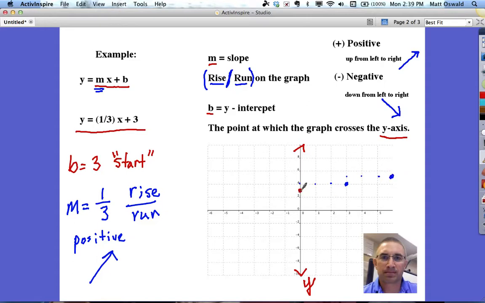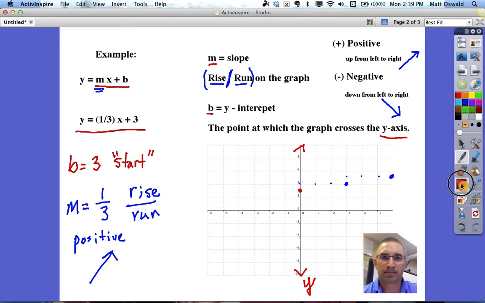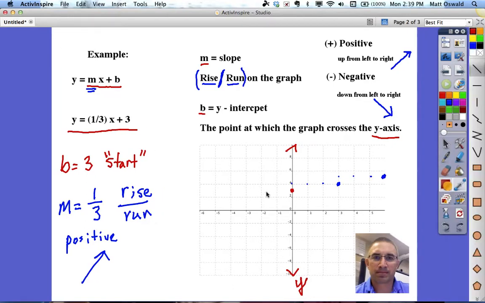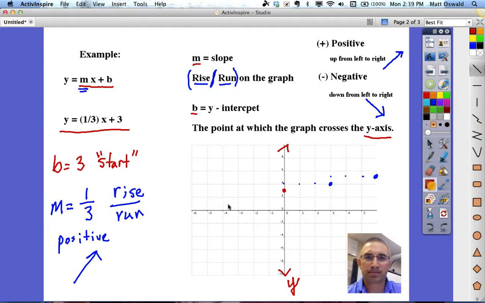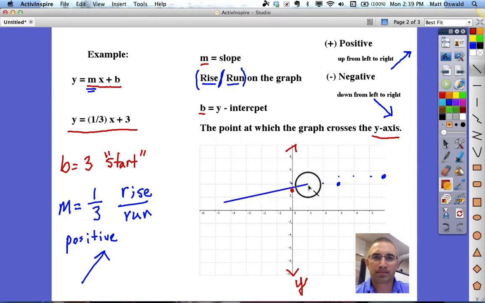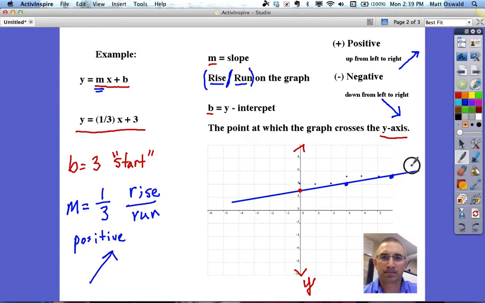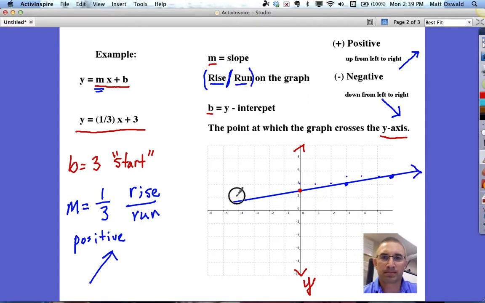Notice the bigger blue dots are resulting from the slope, and now I can connect those dots with a diagonal line, and if I add arrows on the ends, I will now have graphed a linear equation.